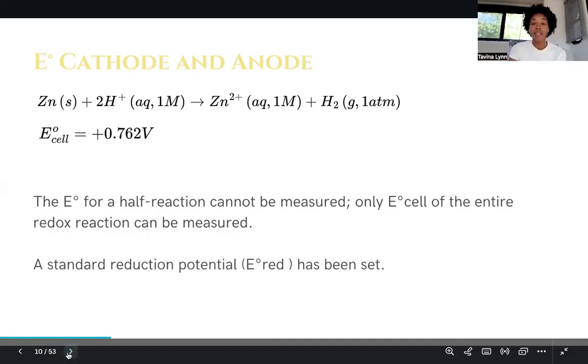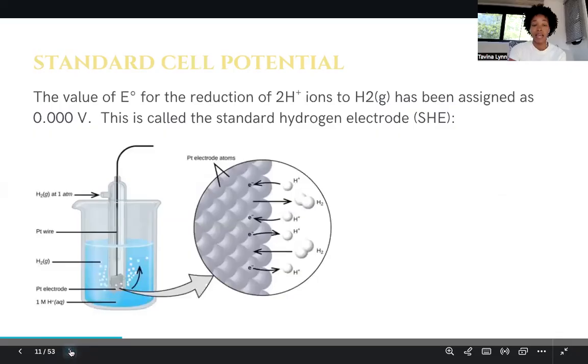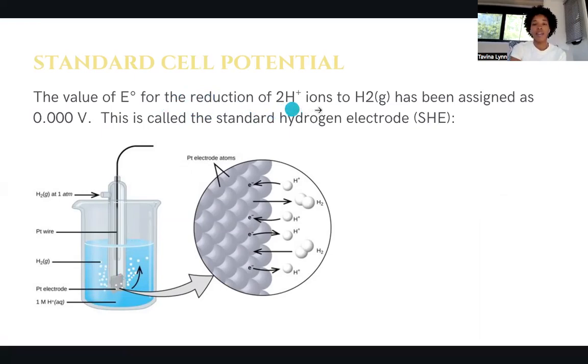And the way that we do this is we have a standard reduction potential that has already been set. This standard reduction potential is called the standard hydrogen electrode, whose acronym is SHE. So the reduction of H plus ions to hydrogen gas has been assigned 0 volts.